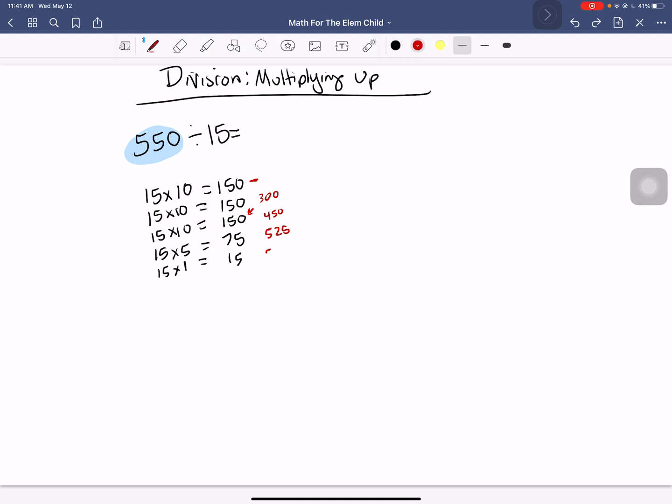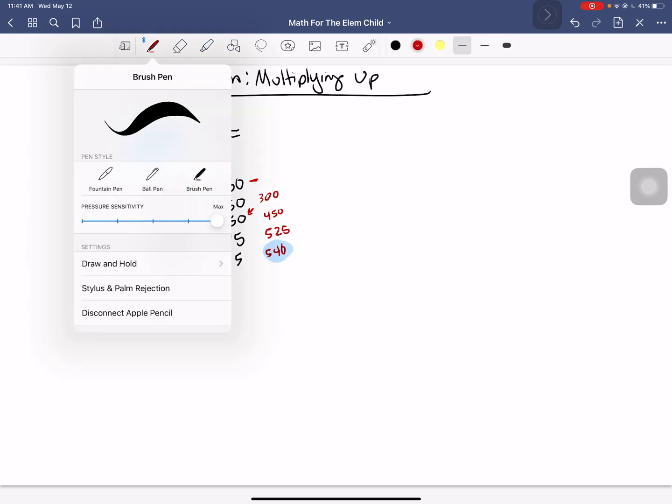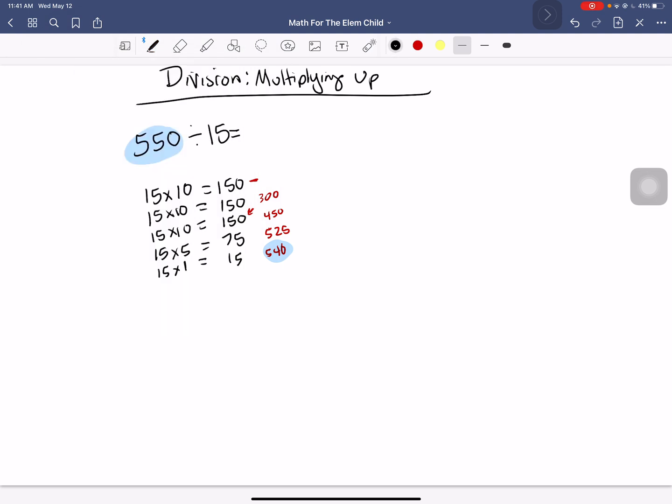It's 540. And now we subtract this from 550. So we have 550 minus 540 to equal 10.